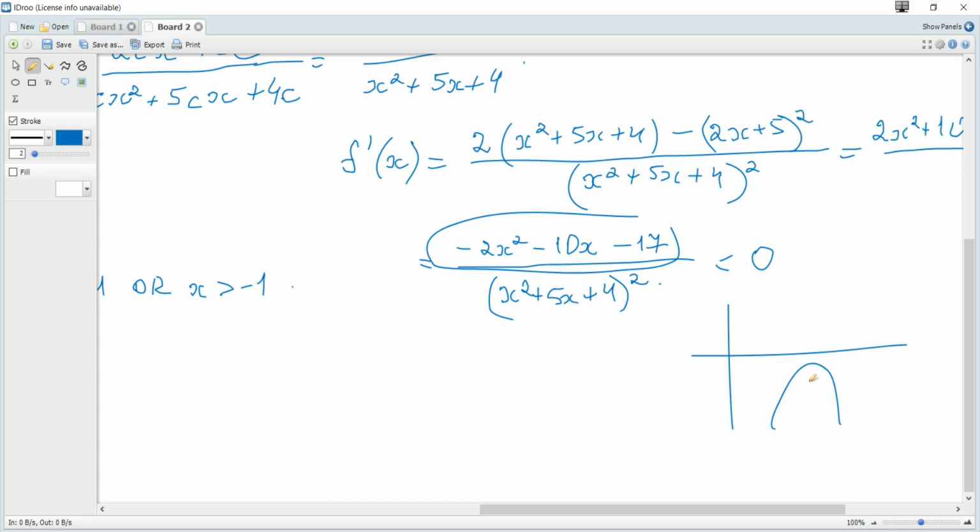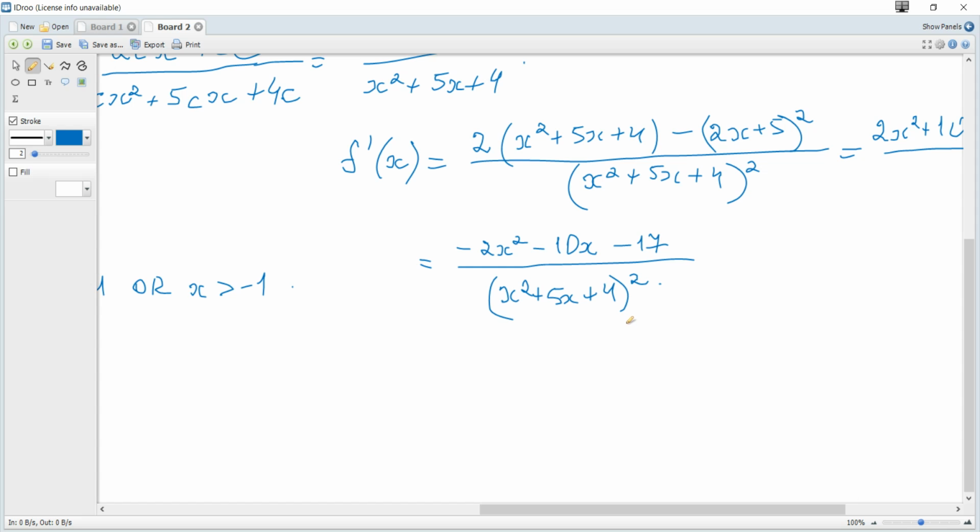And if you find vertex and you need y coordinate of vertex, and since it's concave down parabola, the y value of vertex gives us the maximum possible value of function, and when y is negative, hence all possible y values or range of this function is less than 0, and that's why for all x values, derivative is less than 0, and you remember that you should exclude x values which give division by 0.